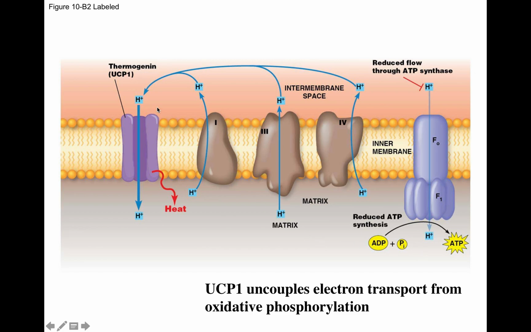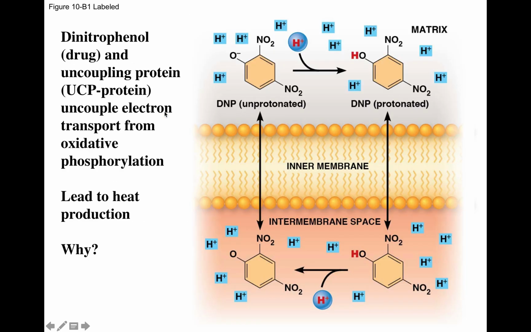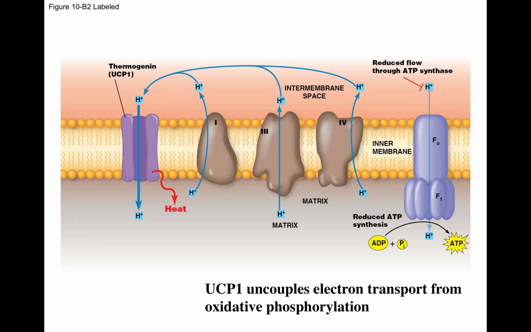So in the case of DNP, back here, it just binds a proton on one side, diffuses through the membrane, and releases it on the other side, and that's how it destroys the gradient. In the case of uncoupling protein, it's a pore that allows the hydrogen gradient to be dissipated.